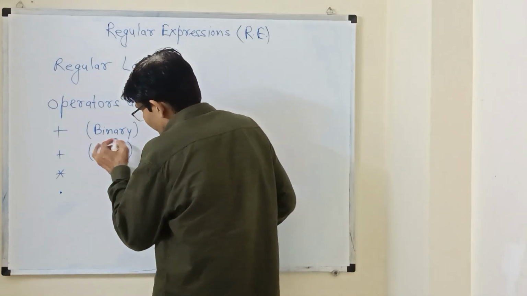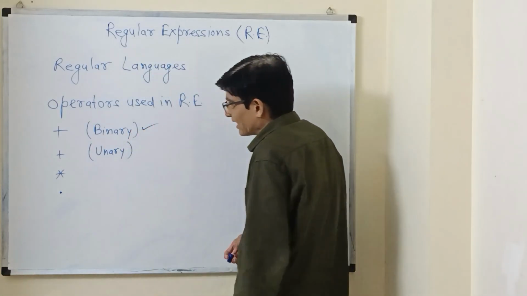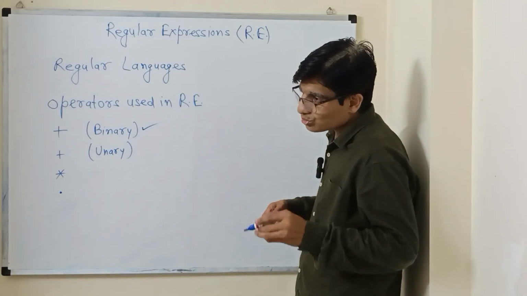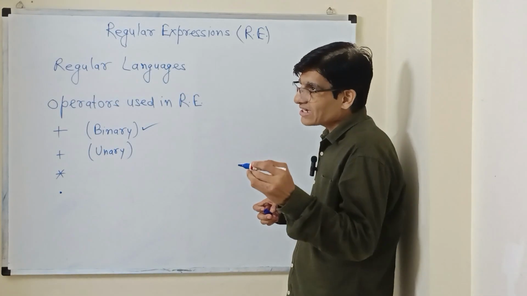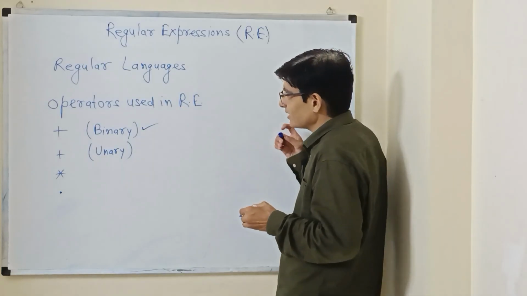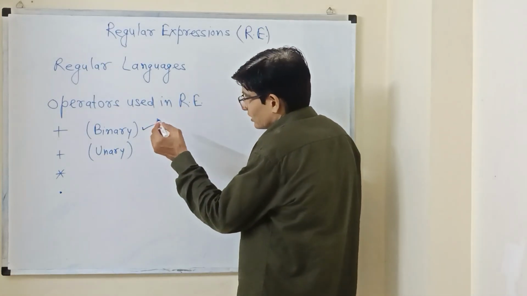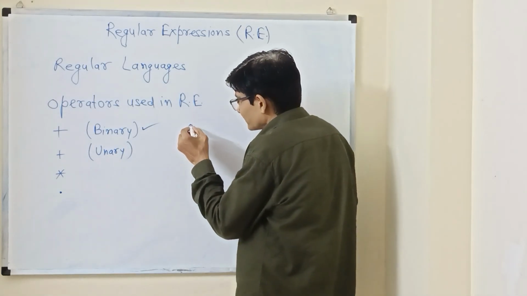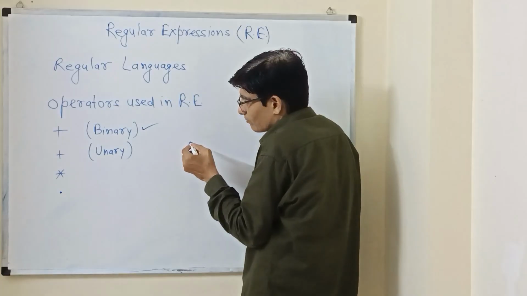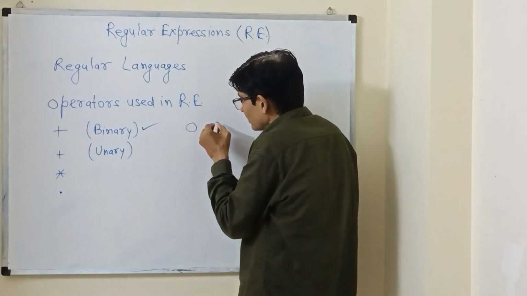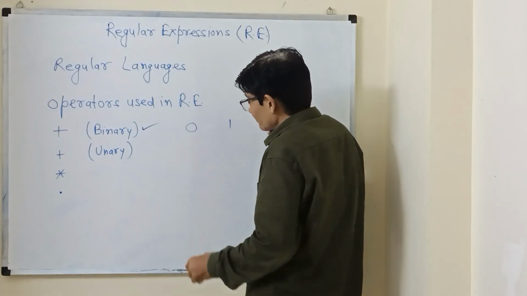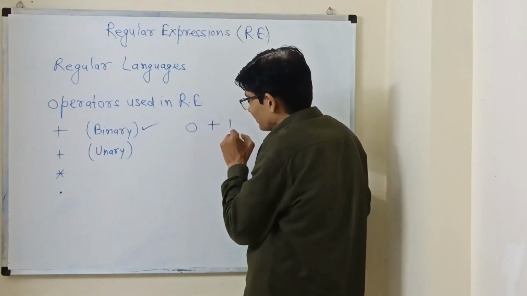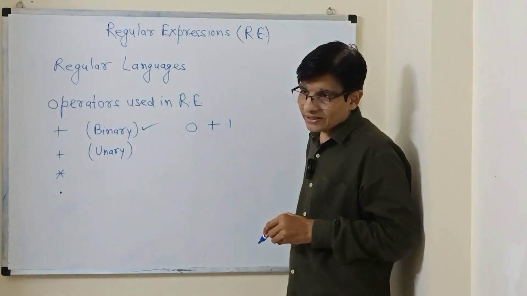First we will discuss the binary plus, which is used to provide a choice between symbols in the regular expression. Like in the previous example, 0 and 1 are two symbols, and if I apply the plus operator between these two, it becomes 0+1.